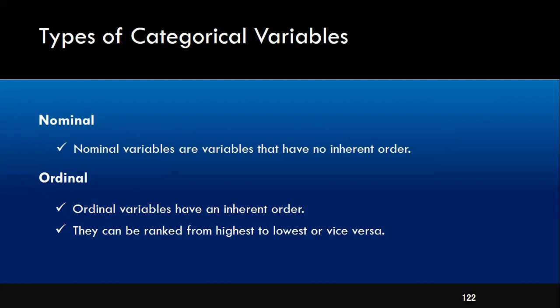With the help of this categorical variable, you can understand which mutual funds are high risk and which are medium risk, based on which you take a call. But the risk of medium risk mutual funds is lesser than that of high risk mutual funds. There is an order here: something is superior, something is inferior. So those kinds of variables are ordinal, and gender kind of variables are nominal.